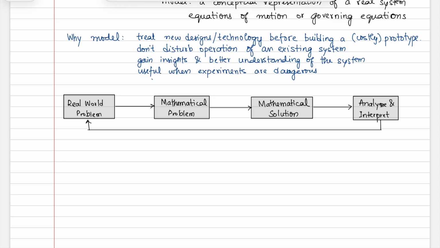Okay, so if you were to look at what's happening from here to here, you're taking the real world problem and then looking at what do we really understand about the real world problem? Why are we going to build a mathematical model? What kind of physical properties or governing phenomena or mechanisms exist in this real world system? Further, what kind of a model do you want as a mathematical representation?